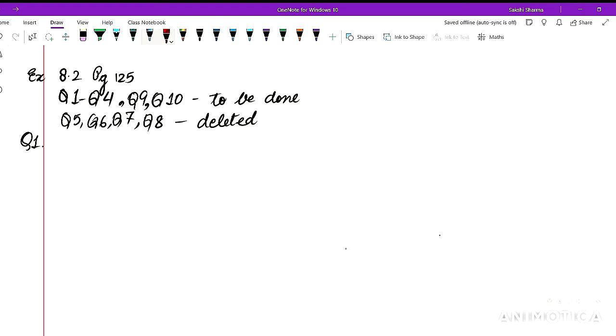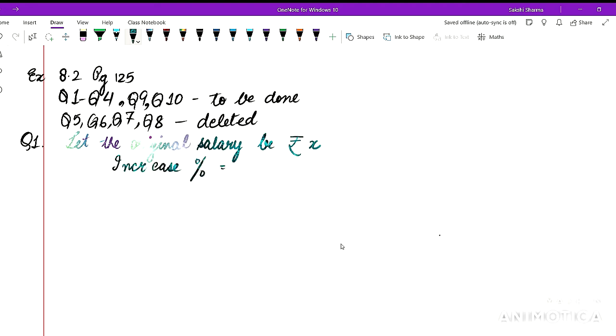Start by writing down, let the original salary be X rupees. Increase percentage is given as 10, therefore increase in salary.